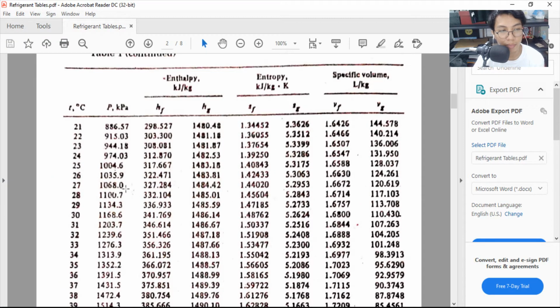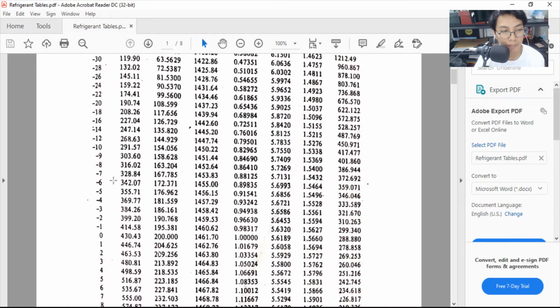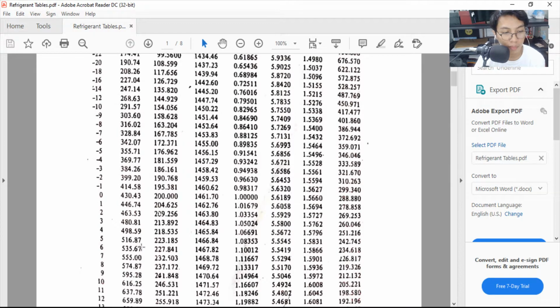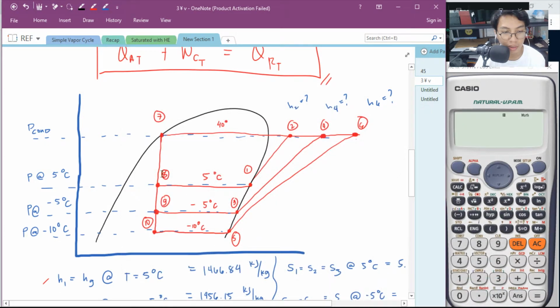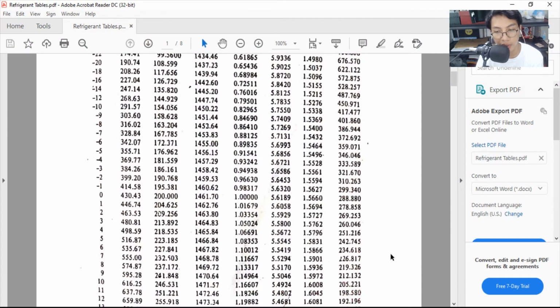Pressure ni 5 is 516.87 atm. Hanapin mo rin yung pressure niya dito kay negative 5, 355.71.